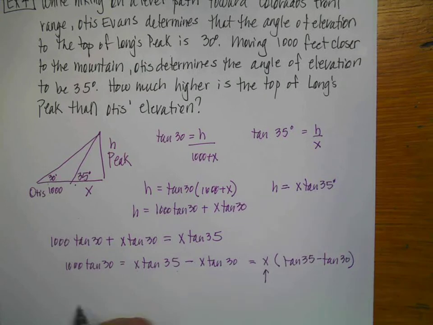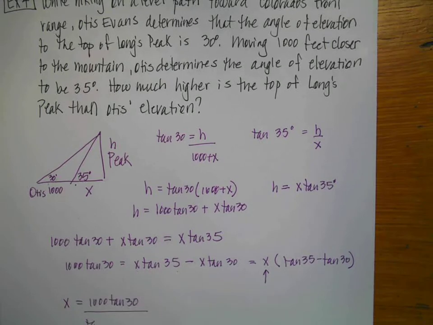The goal at this point is to solve for X, so X is equal to 1,000 tangent 30 divided by the tangent of 35 minus the tangent of 30.